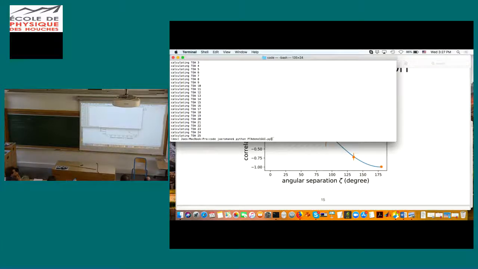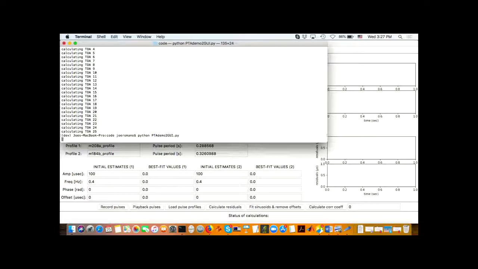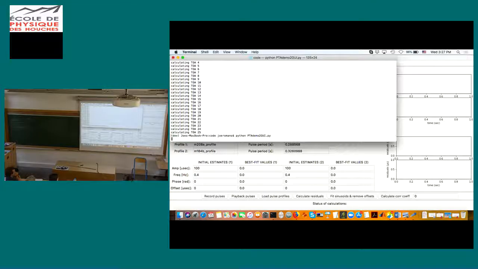Okay, and now we're going to run the second one. I'm going to turn both of these on. Okay, so now both are going at the same time.